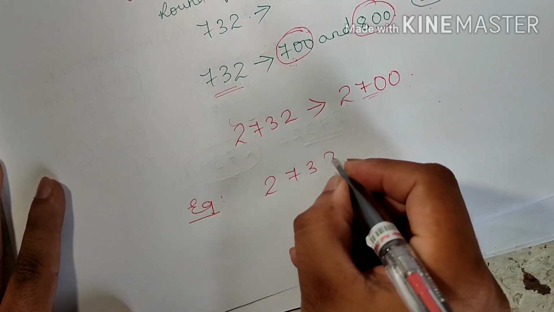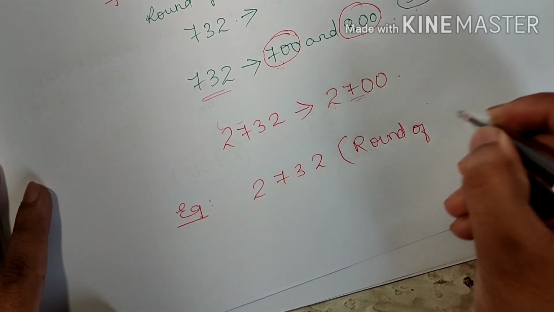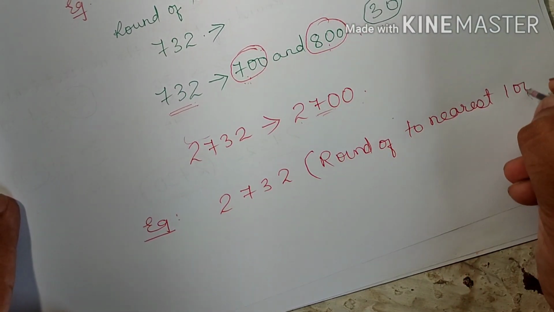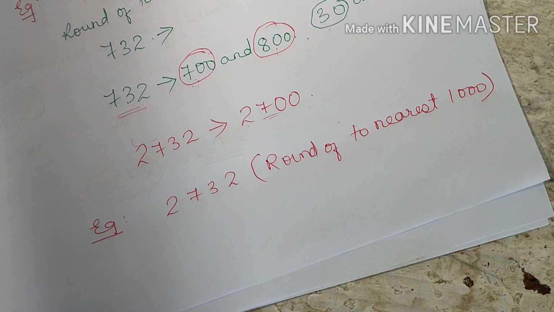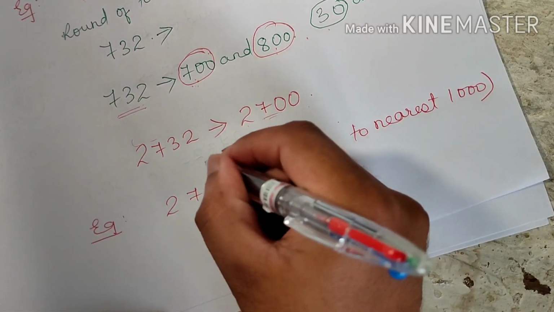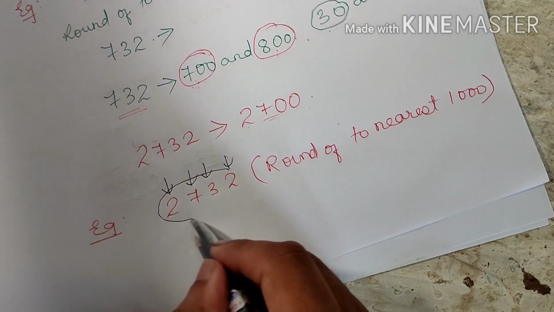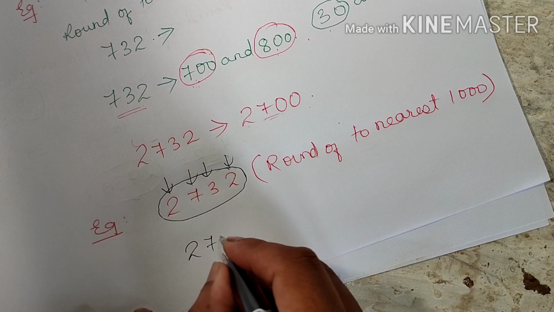2732. Now you have to round off to the nearest 1000. Okay students, can you keep in your mind what it will come to? Because we have to see now ones, tens, 100, 1000, all these numbers together. 2732.